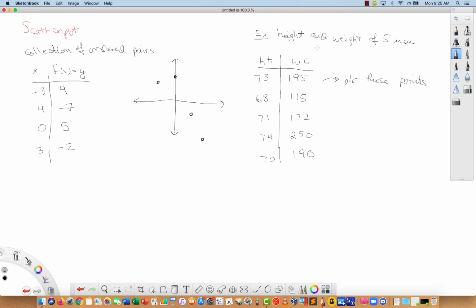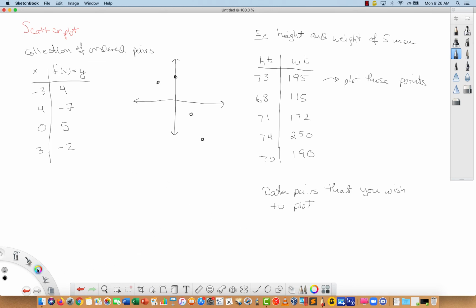So this is just a situation that you might have. A situation you might have is that you have data pairs that you wish to plot. And again, when you have data pairs, how will you know if it's a function or not?